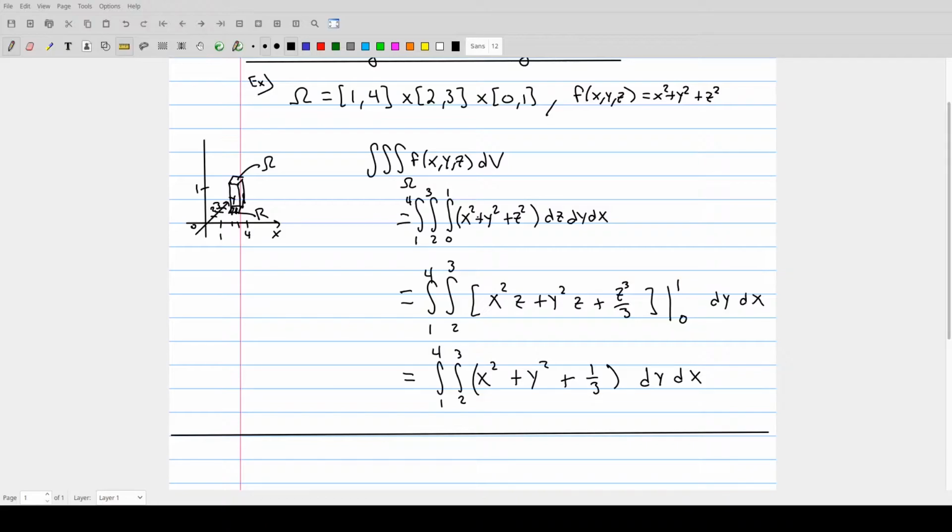For a rectangular domain, you can evaluate this integral in any order that you want, dy dz dx, dz dx dy, because the volume element dV can be expressed as dz dy dx, or as dy dz dx, and so on and so forth. We actually have 6 possible orders of integration that we can do for a function of 3 variables.